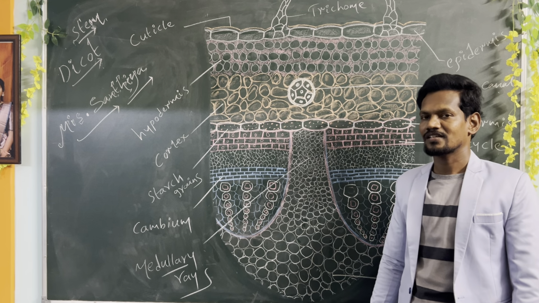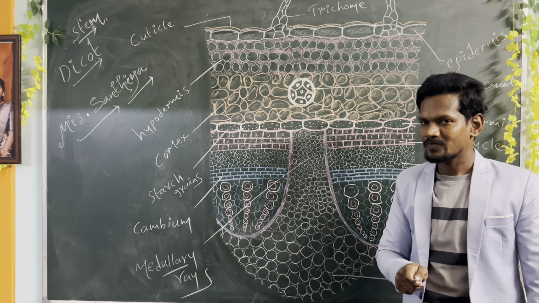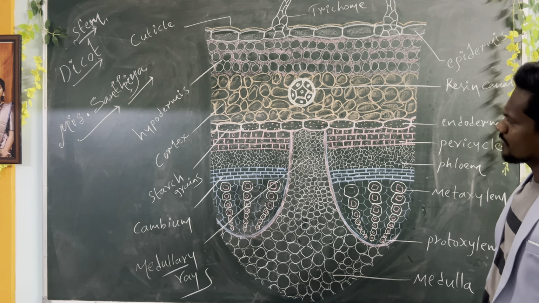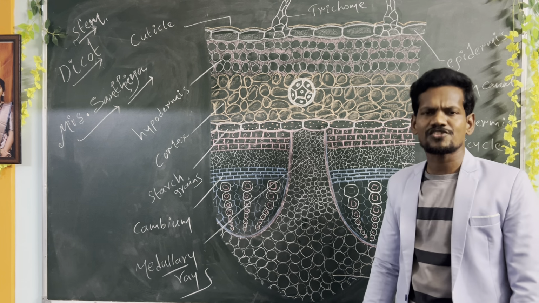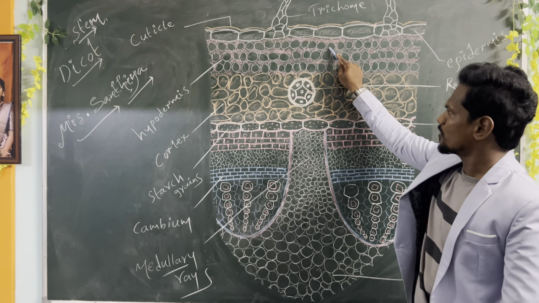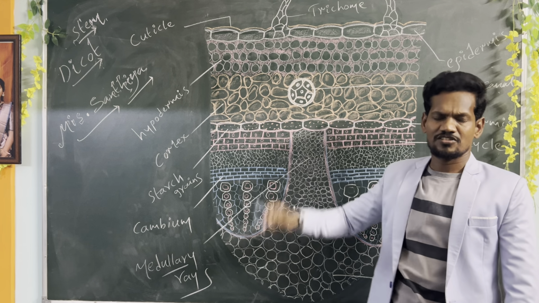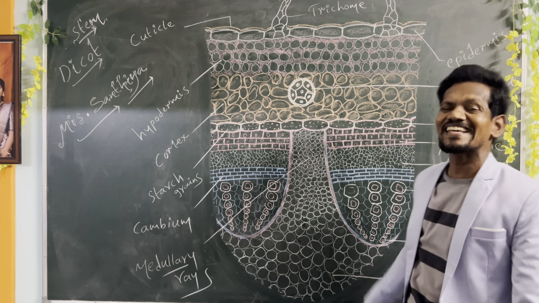I repeat once, endodermis is also known as starch sheath in dicot stem. Remember well. Then this is about the information of cortex: hypodermis, general cortex, endodermis and their characteristic features. Over.